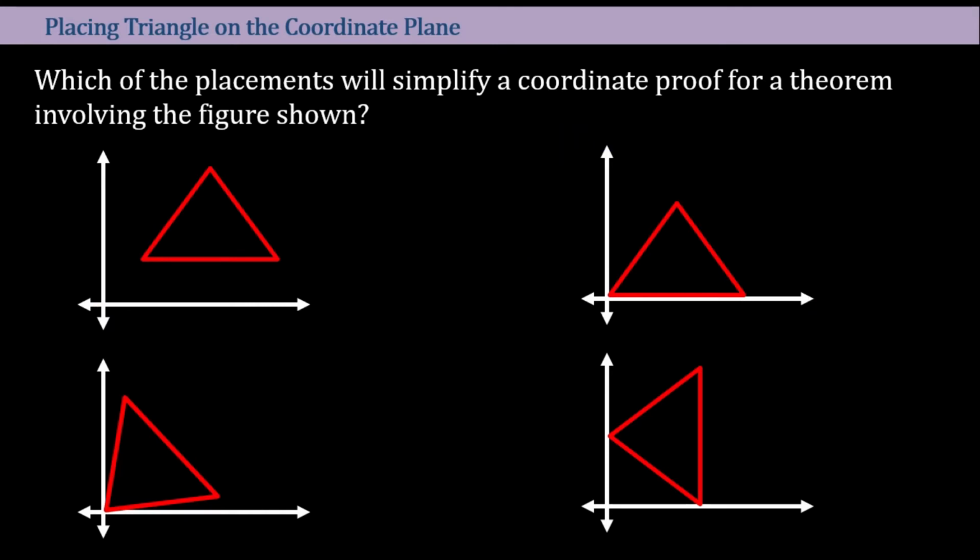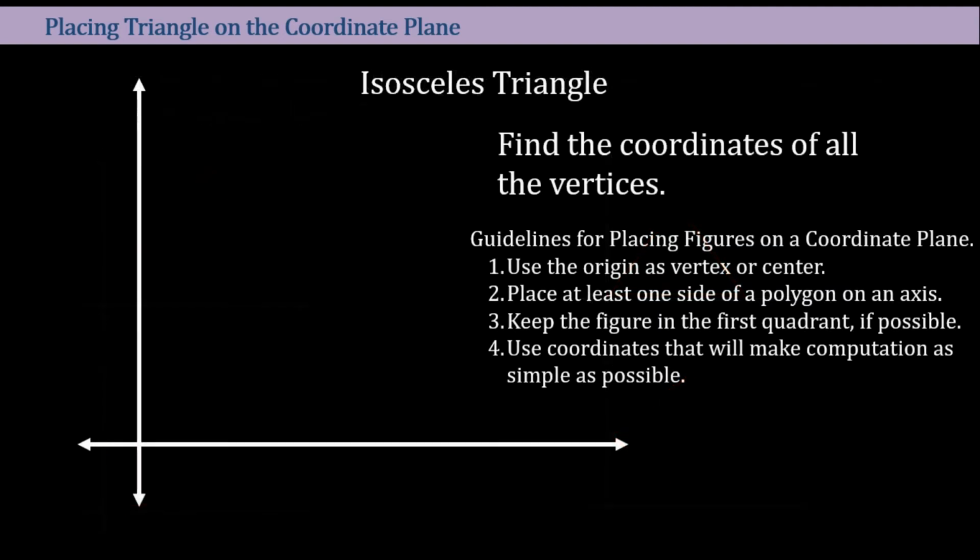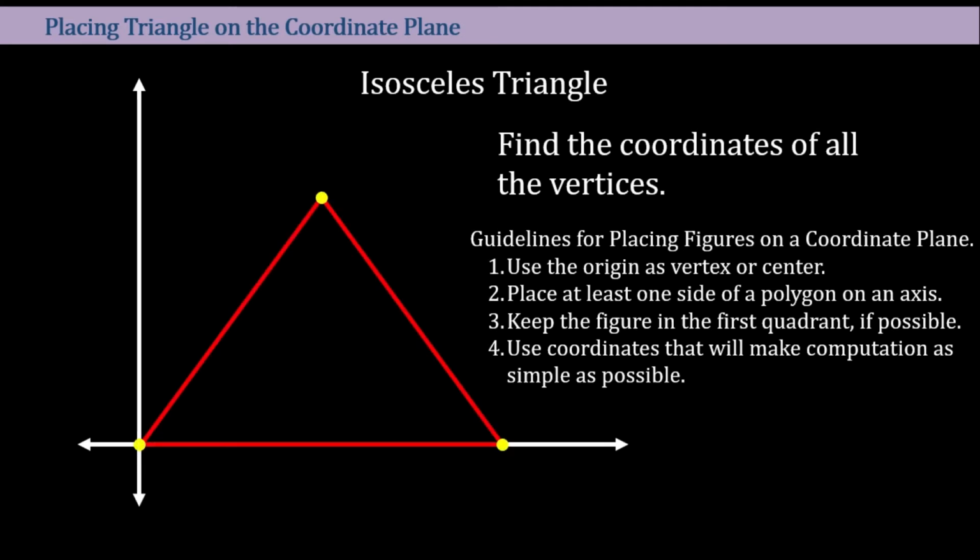Okay, let's try placing figures in the coordinate plane. Let's start with an isosceles triangle. One characteristic of an isosceles triangle is that this triangle has two equal sides. So let's place the triangle in a coordinate plane. As you can see, one of the vertices is placed on the origin.